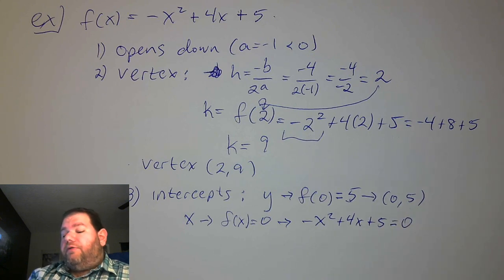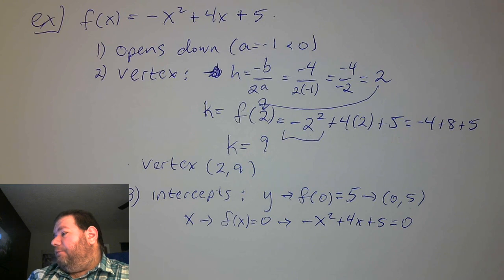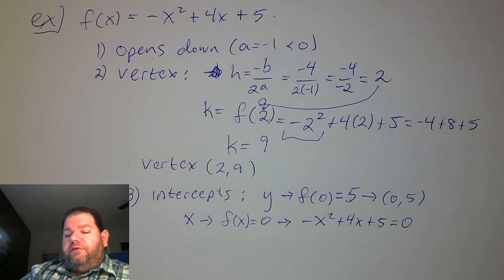Yeah, you could do it in either form. It doesn't have to be original form, although whenever we're finding intercepts, it actually works better in original or general form than standard form. So you'll notice that we found the vertex and everything.